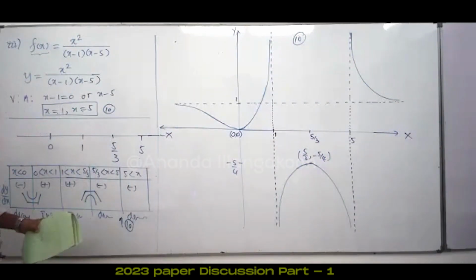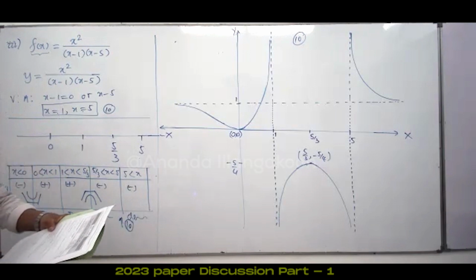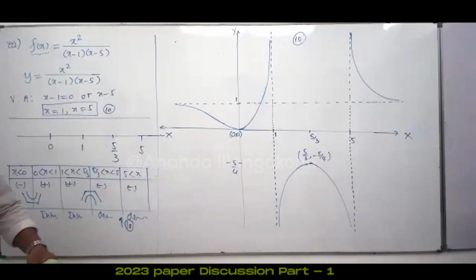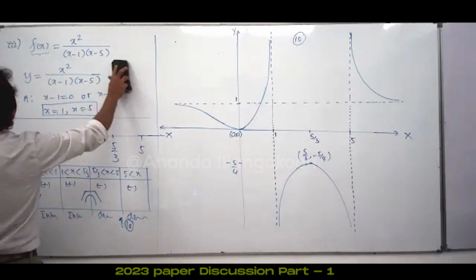Another part is there. What is that? Hence find the number of solutions of the equation. This. Right. Now, right now I'm erasing this.